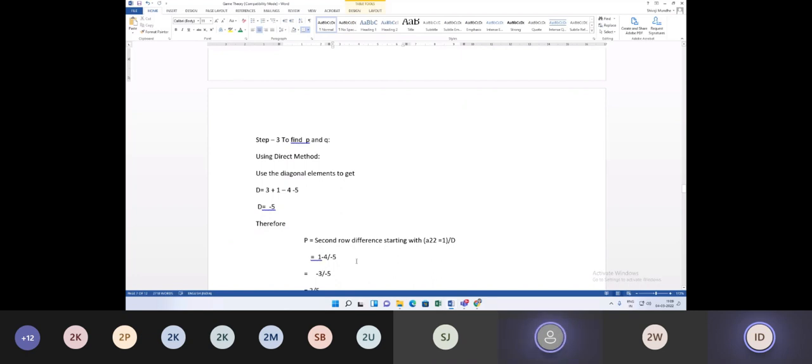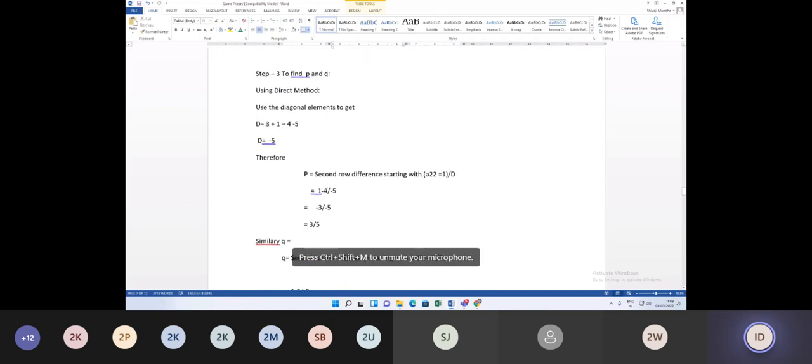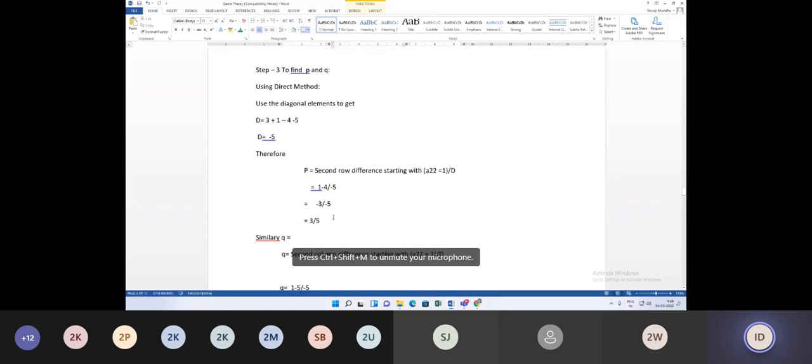So the second row difference is 1 minus 4 divided by minus 5, right? A22 is equal to 1. Now minus 3 divided by minus 5. The sign will go out, am I right? Mathematics rules, right? 3 divided by 5.